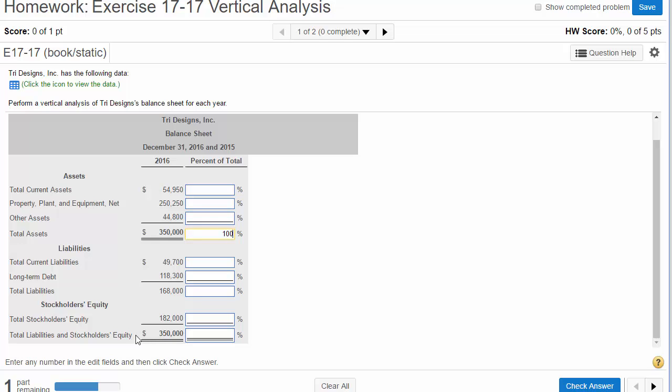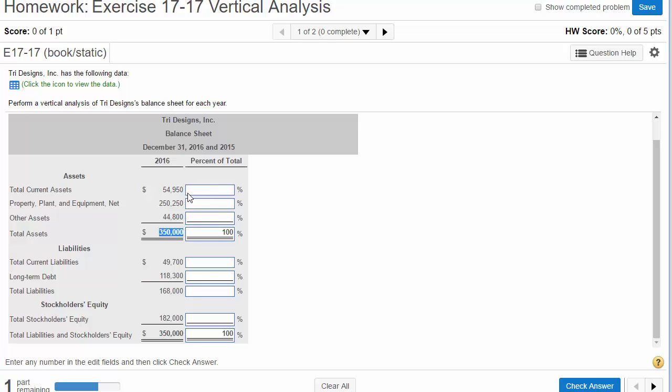And because liabilities plus equity also equals $350,000, it is also 100%. So what we're doing is taking each individual number, such as total current assets, and dividing by the base number, which is total assets. Of course, total assets, 350,000 divided by itself gives you 100%.